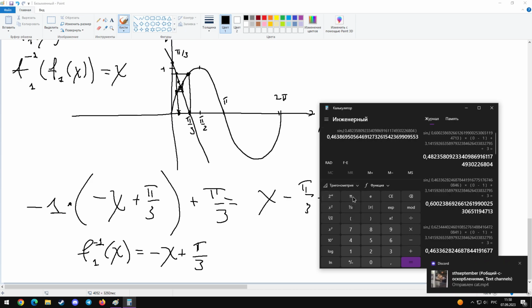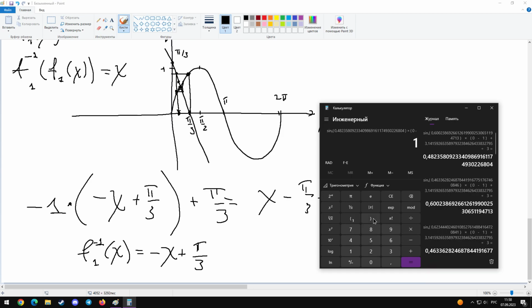And again, I would take a sine of this value, multiply by -1, and add pi over 3.